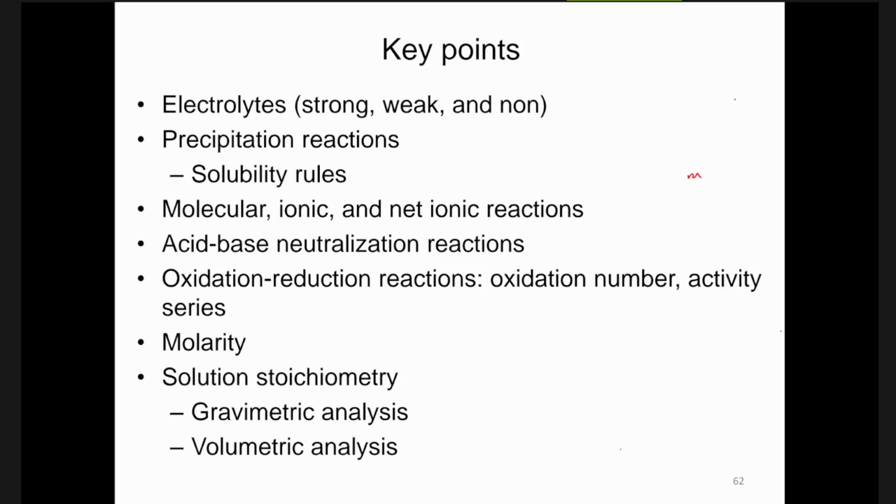And we talk about the quantitative analysis to determine the amount of one ion or one compound in a solution that you don't know. You have two approaches. One is using the gravimetric analysis. Another, we use the volumetric analysis. Basically, you will need to use one chemical compound that fully reacts, the reaction completes, with the species you want to determine. Based on the amount of the compound you add in, you know the concentration.